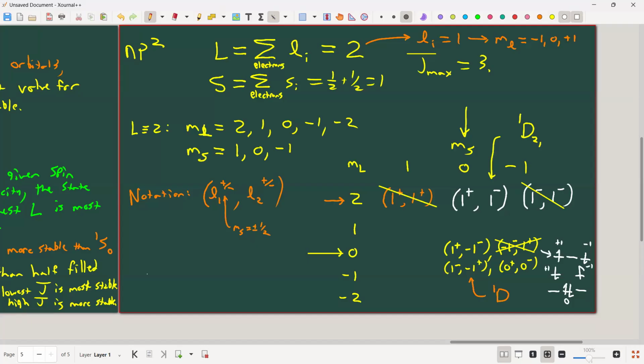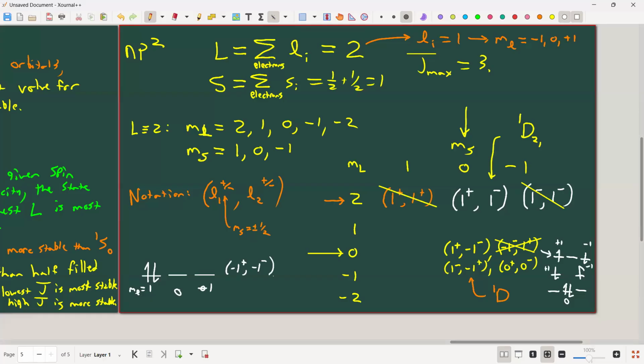Right? So what about this one, for instance? What about this one where this is the PX, this is m sub L equals 1, and this is -1 and this is 0. Well, this state would be -1 plus, -1 minus. Right?